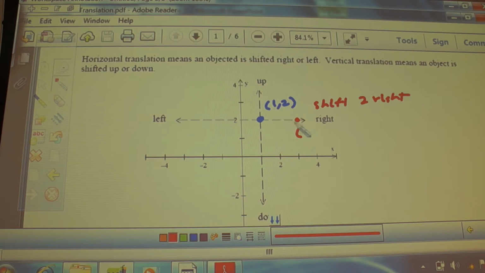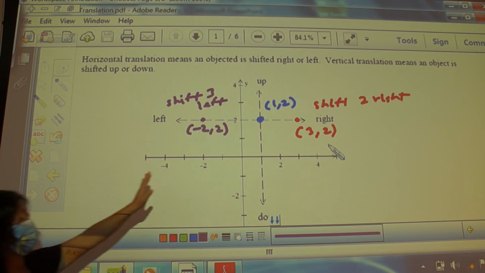My x would become 2 more. So 3, 2. If I were to shift it, say, 3 left, then it would go 1 minus 3, negative 2, 2. So the graph part works exactly like you expect it to work.